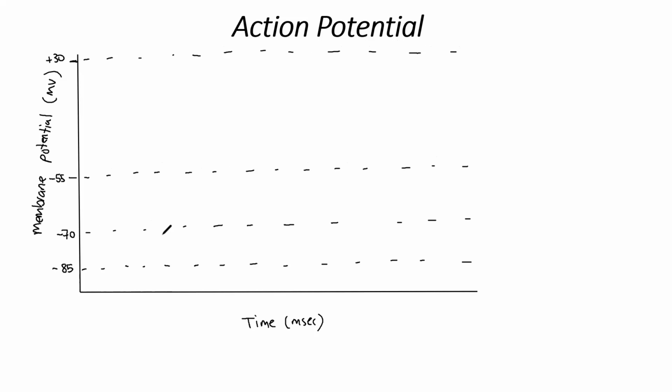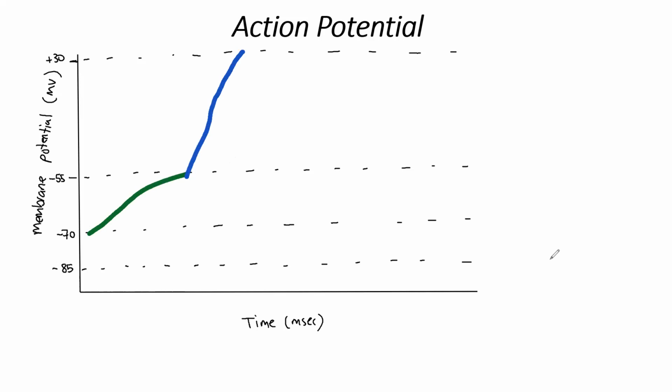Okay, so the first thing we want to establish is that we're starting at rest. So we start at rest. Let's actually use a different color here. So we start at rest, and then via our graded potentials, we get up to our threshold, okay? And then we see the depolarization, which is the rapid upstroke here.